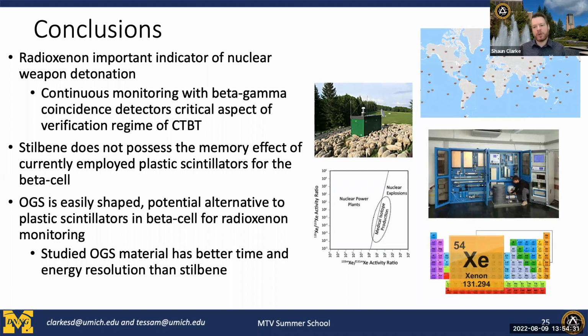Performance-wise, it's similar, if not better. Stilbene, I will say, has better PSD, and I think Tessa showed that, and we've shown that with other sizes of these materials in different shapes and sizes. So if PSD is your main concern, probably Stilbene is still a better bet, again assuming you can get by with the limitations of size and shape.